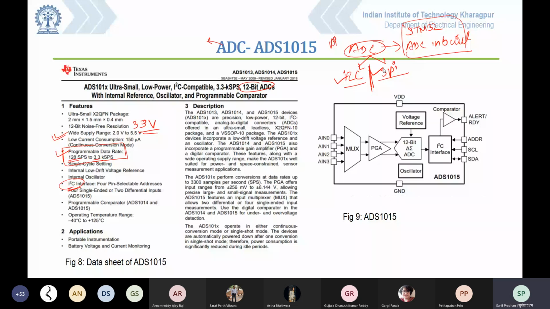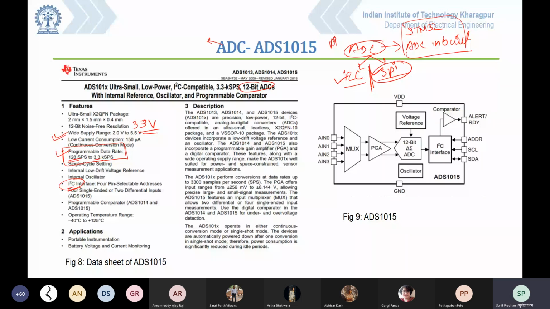Any answer? Is it I2C? No. SPI has more speed than I2C.